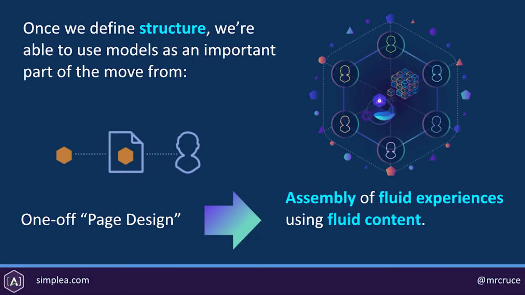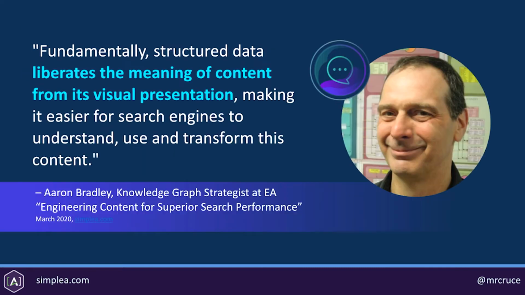So when we define structure, we're able to use our models as an important, I would say critical, part of this transformative move that's happening from one-off page design to the assembly of fluid experiences using fluid content. The content model is that centerpiece that allows content to be handled and movable.